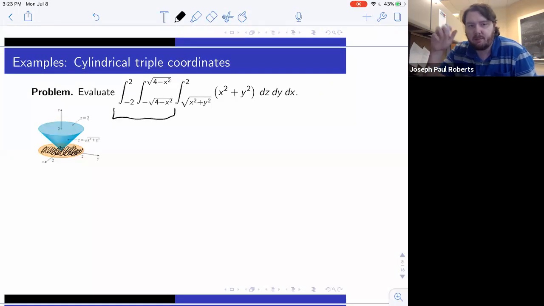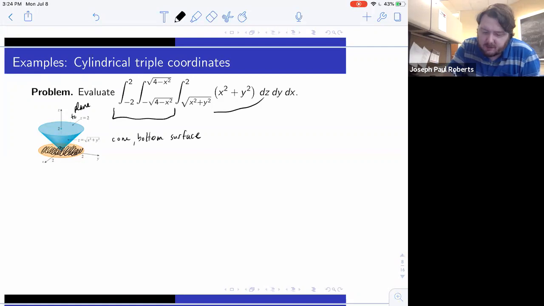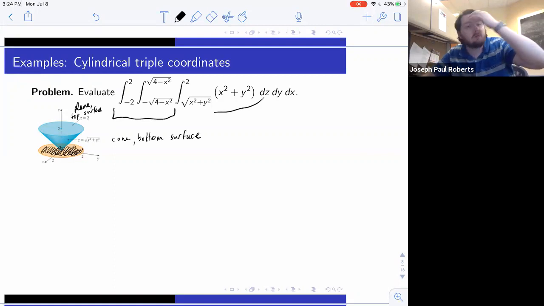Those are just the top and bottom halves, respectively, of that circle of radius 2. Okay, and then trying to visualize what's going on here, z equals square root x squared plus y squared. That's a cone, and that's our bottom surface, right? Because it's our lower bound for z. And then the plane z equals 2 is the top surface.